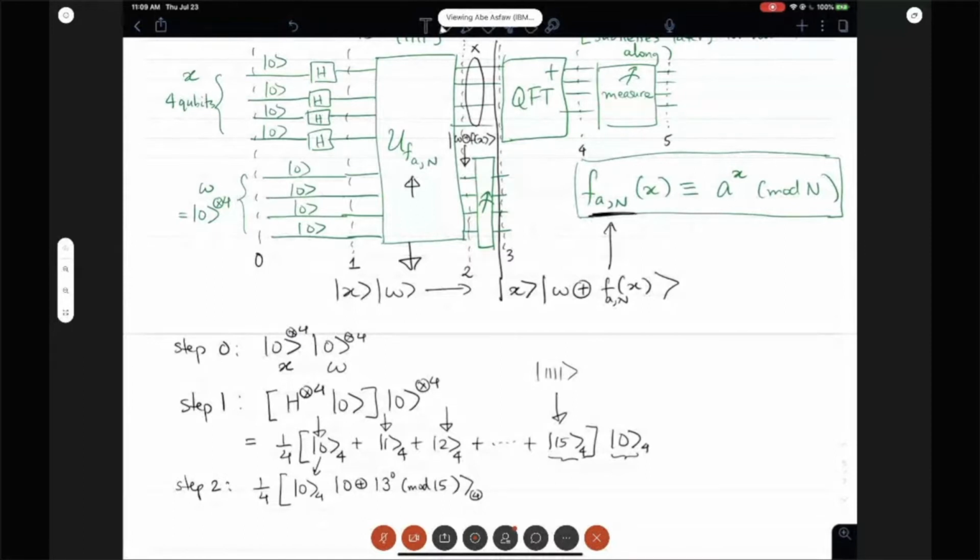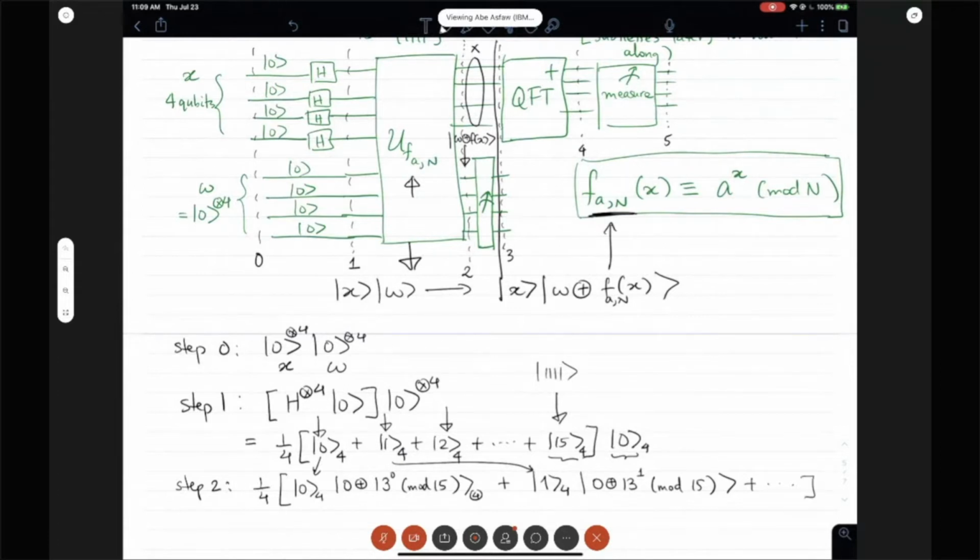All right, the second one is saying 1, so that's here, and then 0 XOR 13 to the power of 1 modulo 15. And so on, right? There are many more of these terms.